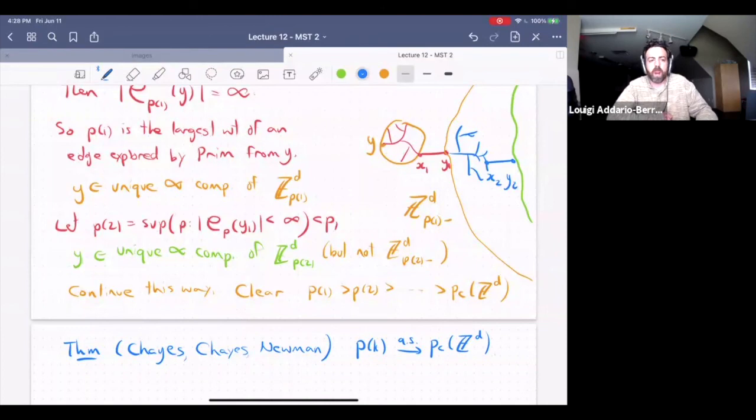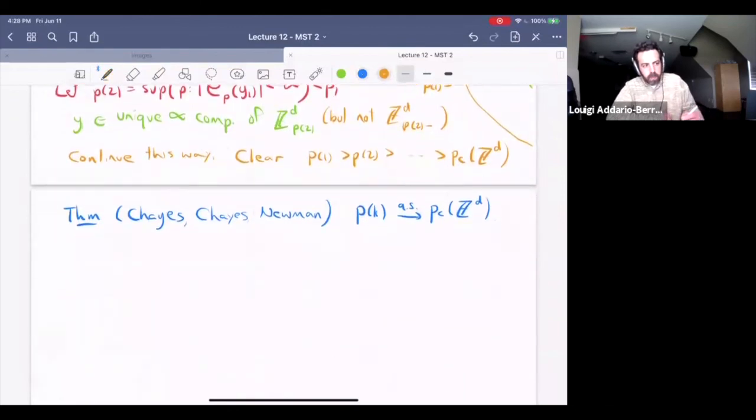There's a question why P2 is less than P1. Basically because the percolation probability is known to be an increasing function beyond Pc. Right.